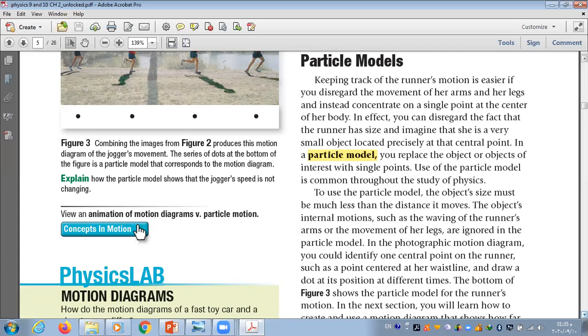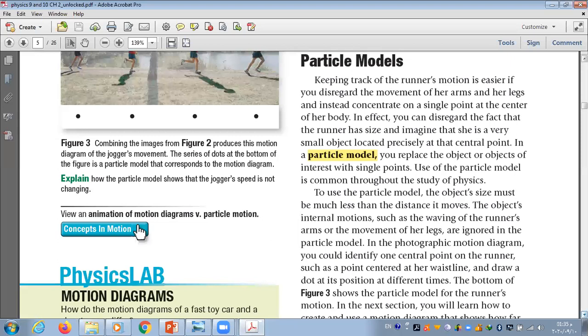In a particle model, you replace the object or the objects of interest with single points. Use of the particle model is common throughout the study of physics. To use the particle model, the object's size must be much less than the distance it moves.